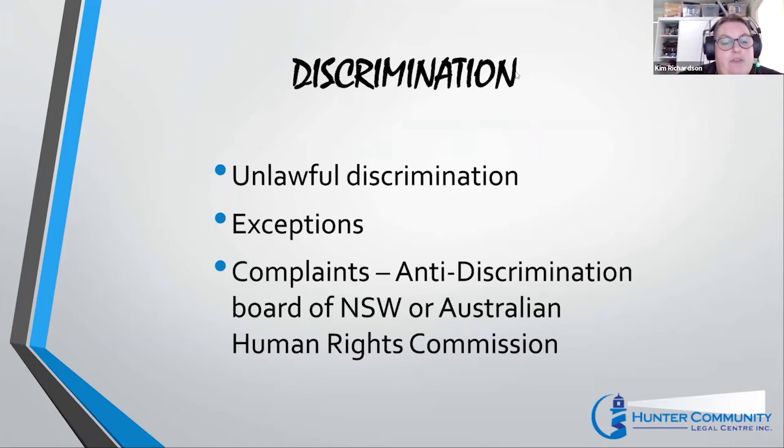Under the Racial Discrimination Act, an act is not unlawful in relation to accommodation if sharing with the owner or their close relative. Under the Sex Discrimination Act and the Disability Discrimination Act, an act is not unlawful in relation to accommodation if, again, you are sharing with the owner or their close relative, and if it's for no more than 3 people.